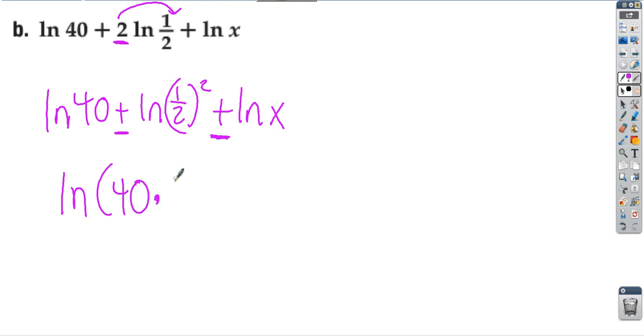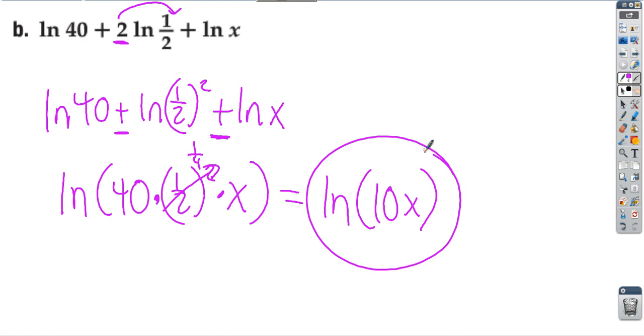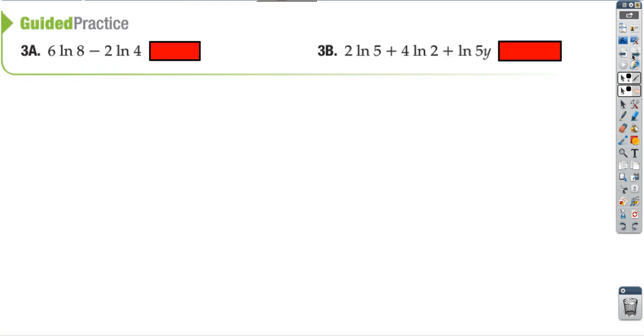So 40 times 1/2 squared times x. 1/2 squared is 1/4, so 40 times a fourth would be 10. That's the same thing as 10 times x, or just 10x, and that is the condensed version. That's called condensing a logarithm, because we started in expanded form, and we put it back together by condensing it.